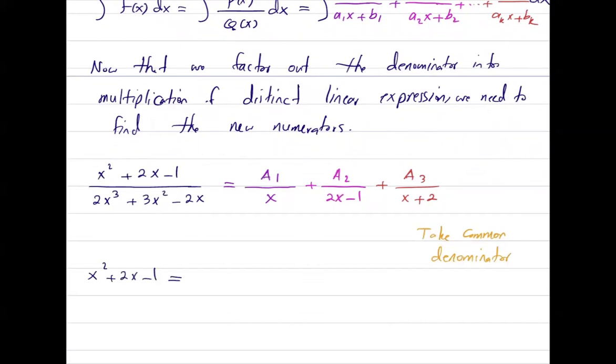And on the right-hand side, you have a sub 1 times whatever is left from its denominator, 2x minus 1 times x plus 2, plus a sub 2 times x plus 2, plus a sub 3 times x times 2x minus 1.